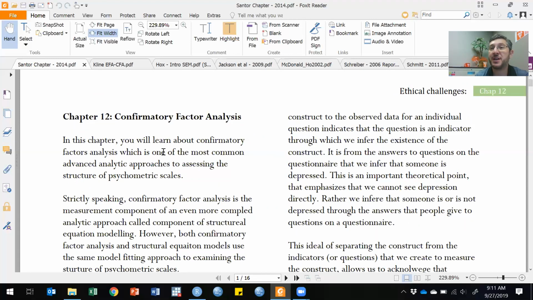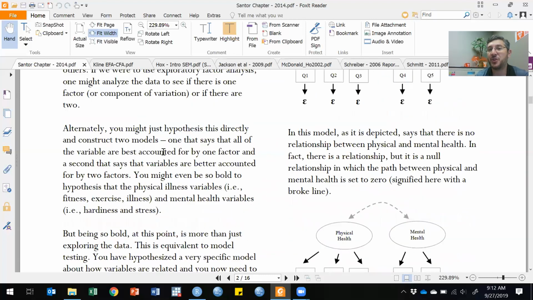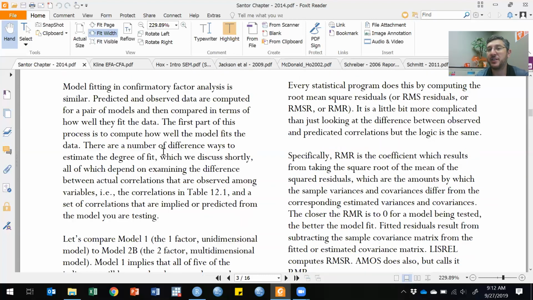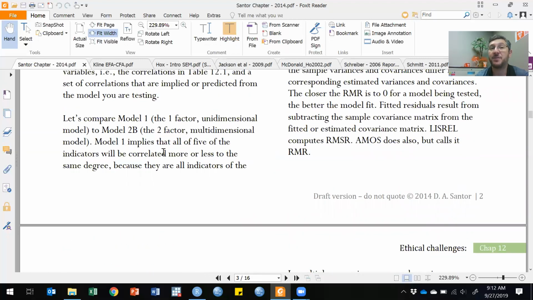The Santor chapter I thought was another good general overview of confirmatory factor analysis. It's pretty easy to follow, and they walk through an example here. So I would definitely recommend this chapter, and it's pretty short too.